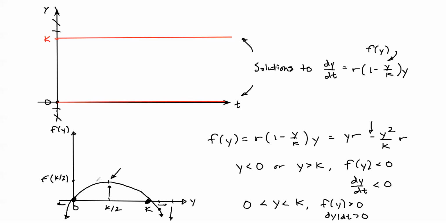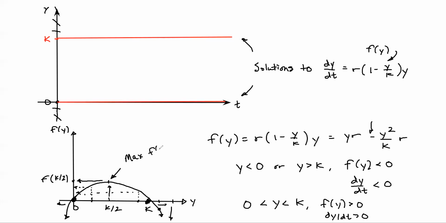If you plug in k over 2, you get out f of k over 2. So that's the biggest one. Anything else that you plug in is going to give you a smaller value. If you pick this point here, you're going to end up getting a smaller f of y value there. And again, since these are the slopes, we're going to have the max slope at k over 2.